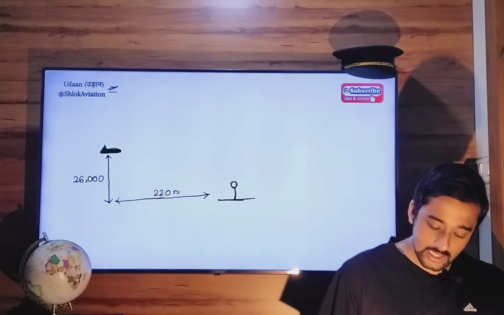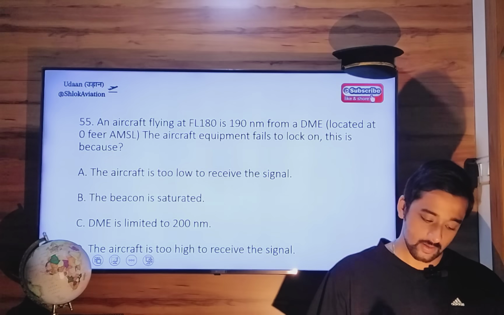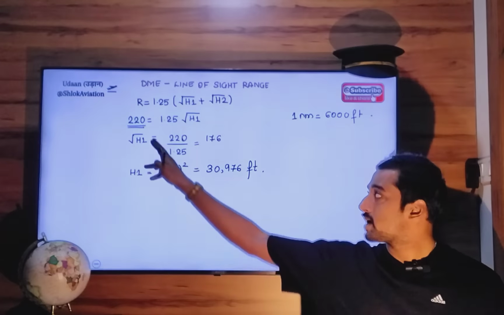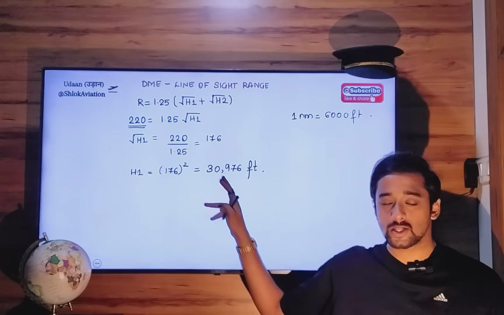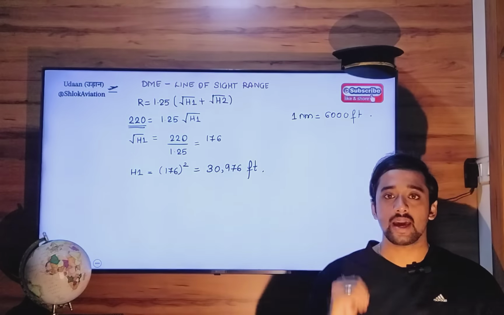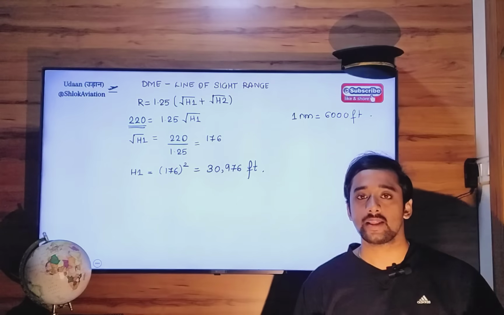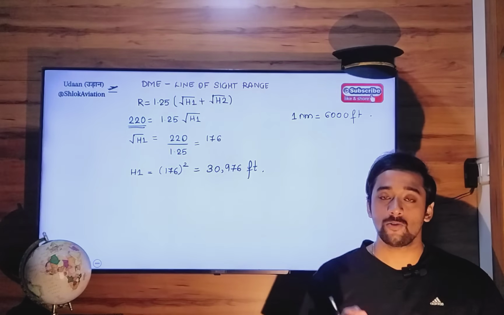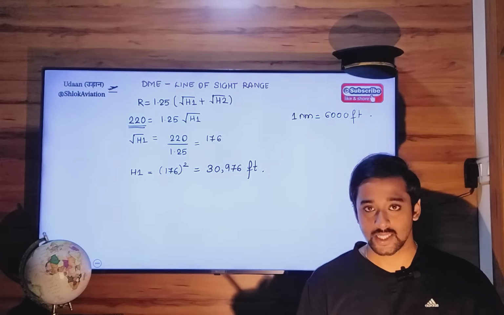Now, according to this line of sight formula that we have applied here, when you are 220 nautical miles away from the DME station, you must be at least 30,976 feet above the DME station. Only then will you receive that DME signal, or be within the range of the DME signal.